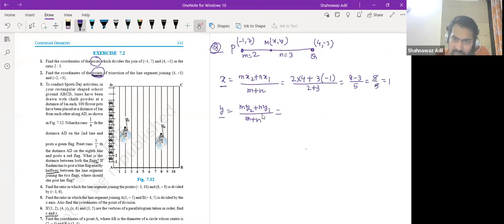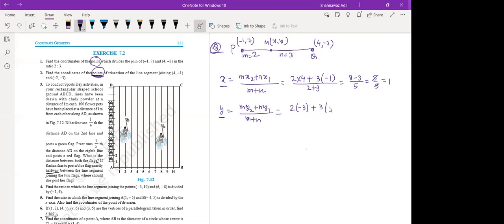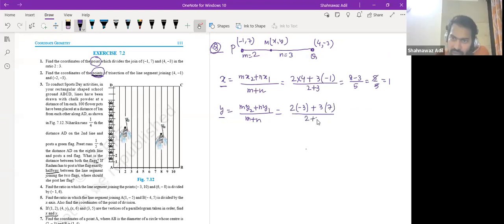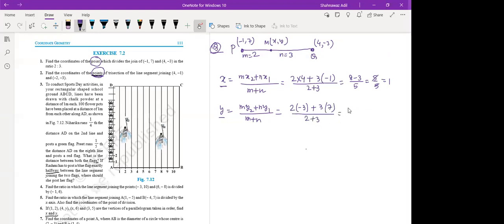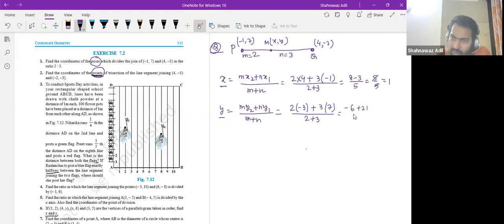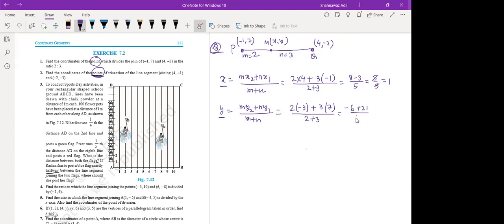And then similarly, m is 2, y2 is minus 6, and then plus n is 3, y1 is 7, and then divided by 2 plus 3. So this is minus 12 plus 21, divided by 5.